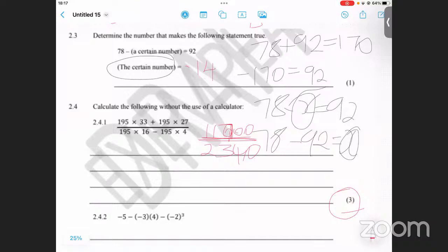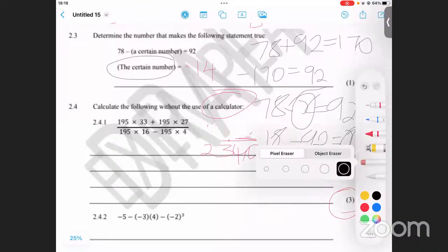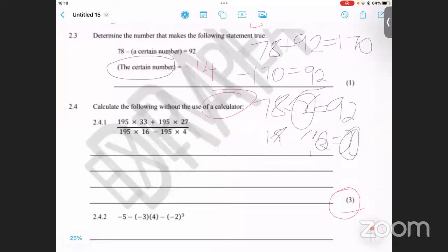How did you get to a 5? Ma'am, I also used my calculator. Okay, guys, you must not use your calculator. When they say you must not use the calculator, they're not just saying it for fun. They know what they really mean, okay? And when you make use of a calculator, they will know, right?